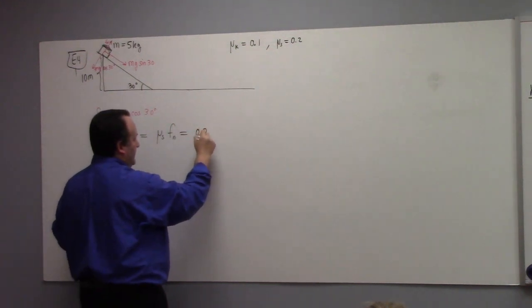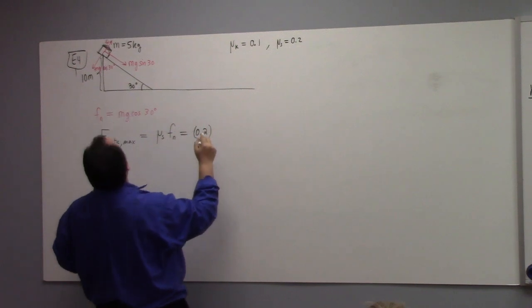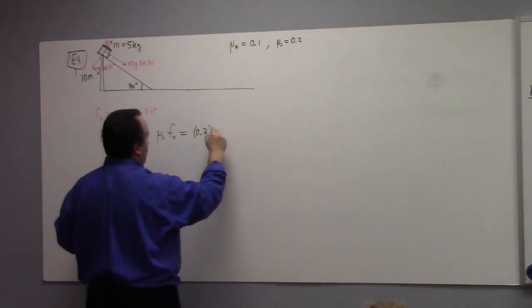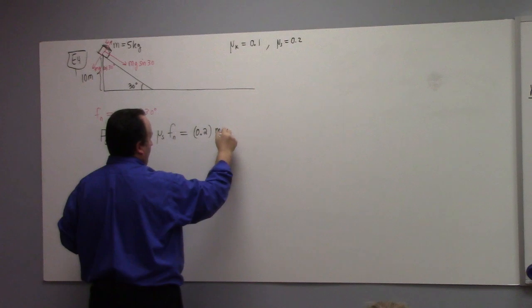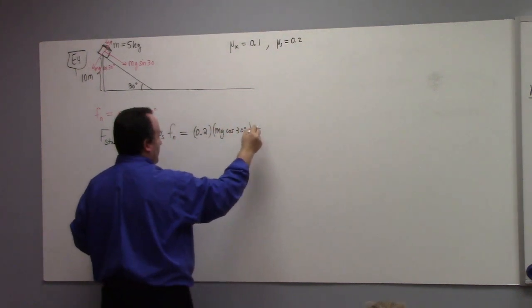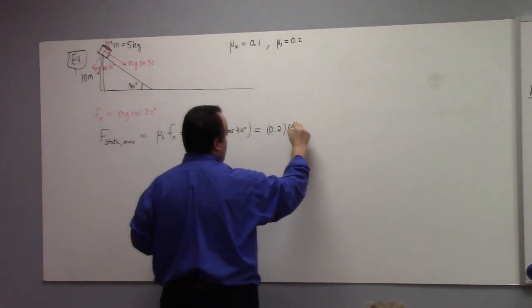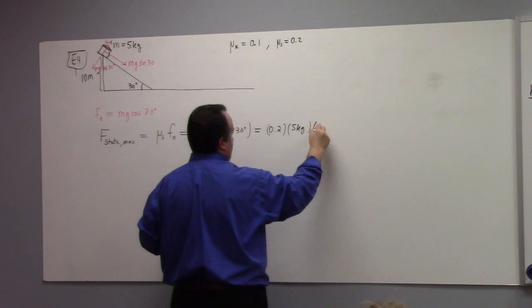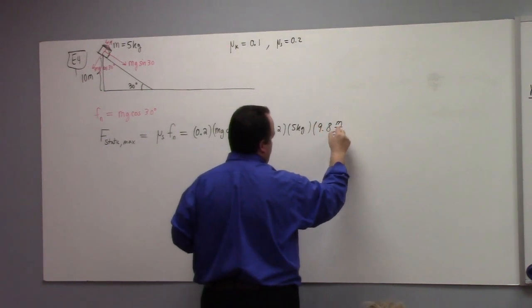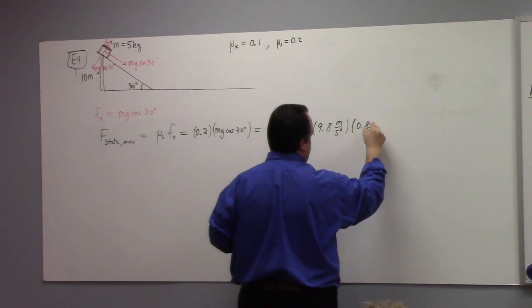I gave you it to be 0.2, and the normal force is mg cosine 30. We can work that out. So 0.2 times 5 kilograms times 9.8 meters per second squared, still on Earth, and cosine of 30 is about 0.866.